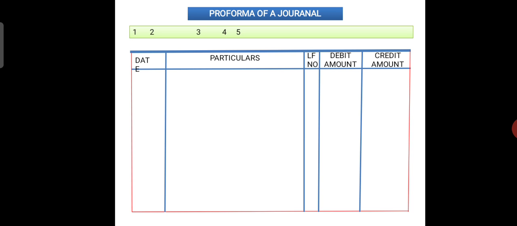So in this way, we can prepare the journal. Yes, students, I hope you understood 2 important topics of this video. One is the meaning of journal and second, the proforma of a journal. Thank you for watching this video.